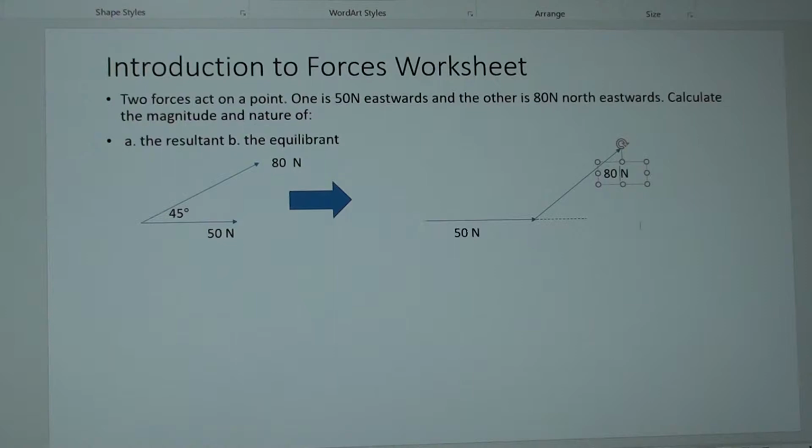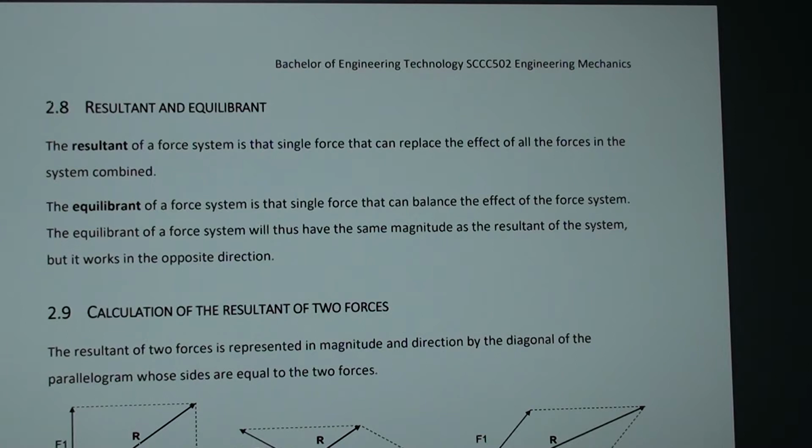And as well, if we go back to the definition for the resultant force from the sheet, we can understand exactly what we mean by that. So the definition for the resultant of a force system is that single force that can replace the effects of all the forces in the system combined.